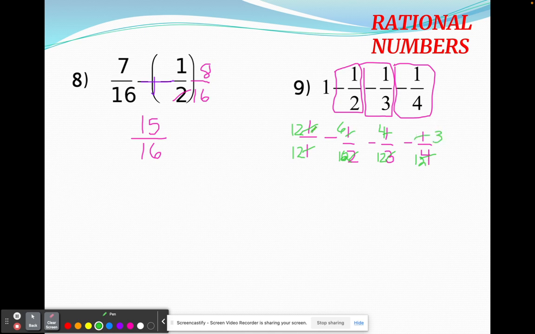Now we're just going to move left to right. 12/12 minus 6/12 leaves me with 6/12. Then I have minus 4/12. And then minus 3/12. I have 6/12 minus 4/12 gives me 2/12.